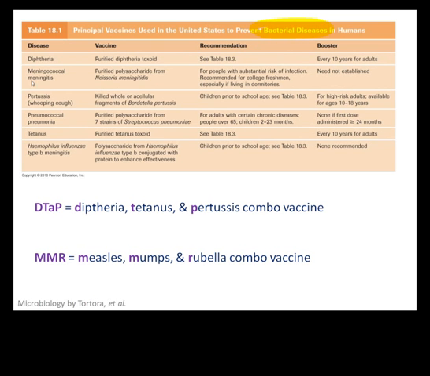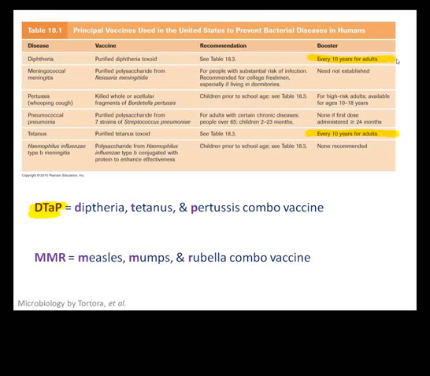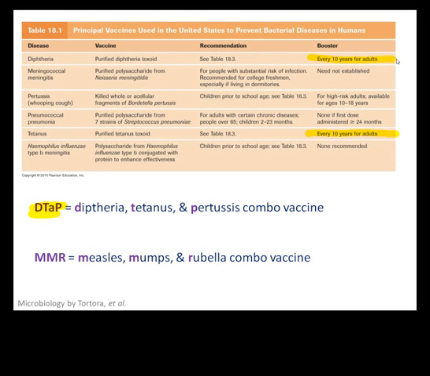Let me note that diphtheria and tetanus require a booster shot every 10 years. These are initially given in the DTaP combo in the childhood series of vaccines. I listed it here at the bottom. These protect against 3 bacterial diseases.